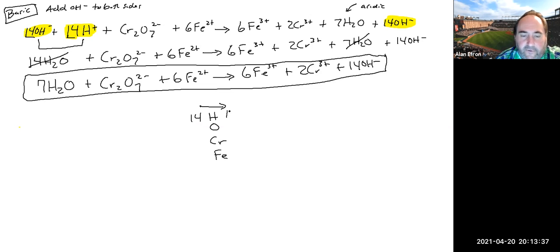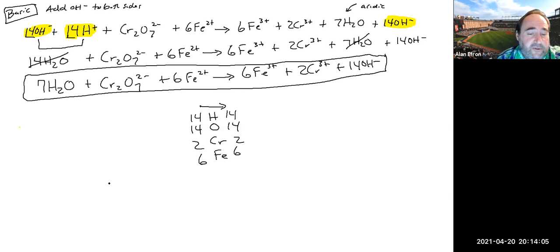Right-hand side, 14 hydrogens. Left-hand side, 7 oxygens in the water, 7 more in the dichromate gives me 14. Right-hand side, 14 oxygens in the hydroxide. 2 chromiums on the left, 2 chromiums on the right, 6 irons on the left, 6 irons on the right. We're good so far in terms of elements.